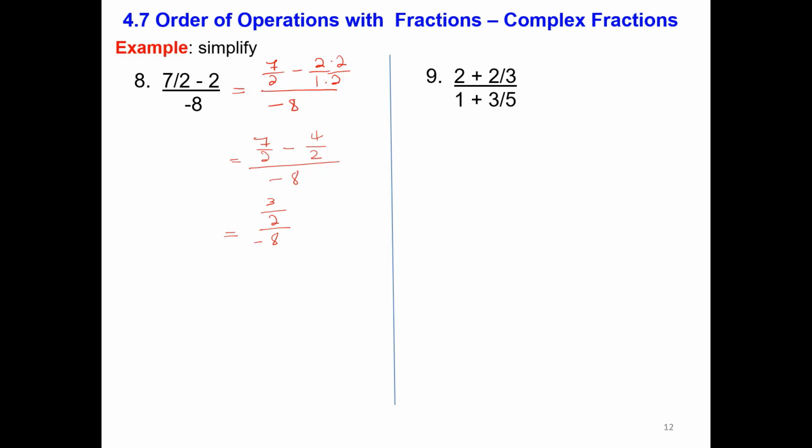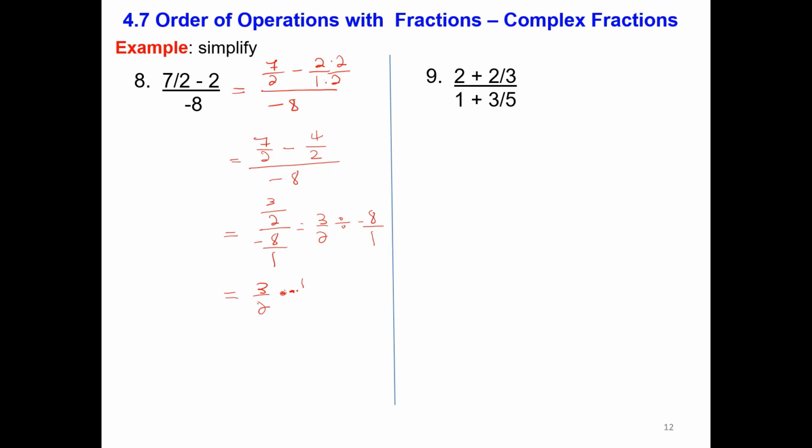Then again, if we had a whole number, we can write this one like 3 divided by 8 over 1. And to divide fractions, we keep the first fraction, change the division to multiplication, and flip the second fraction.